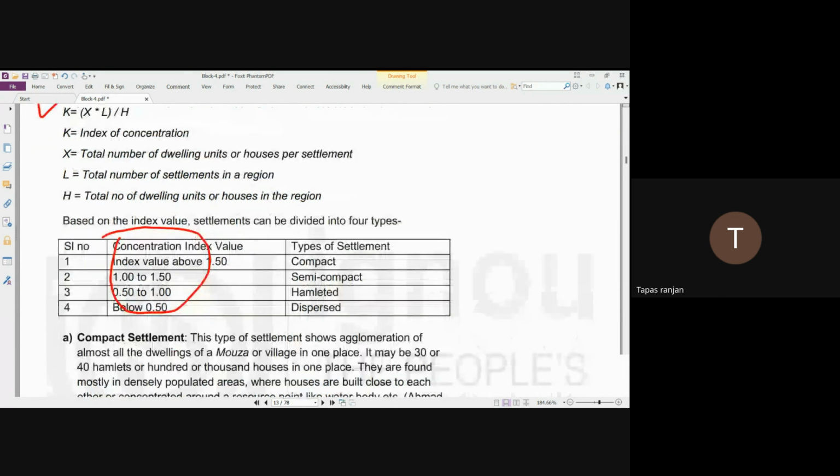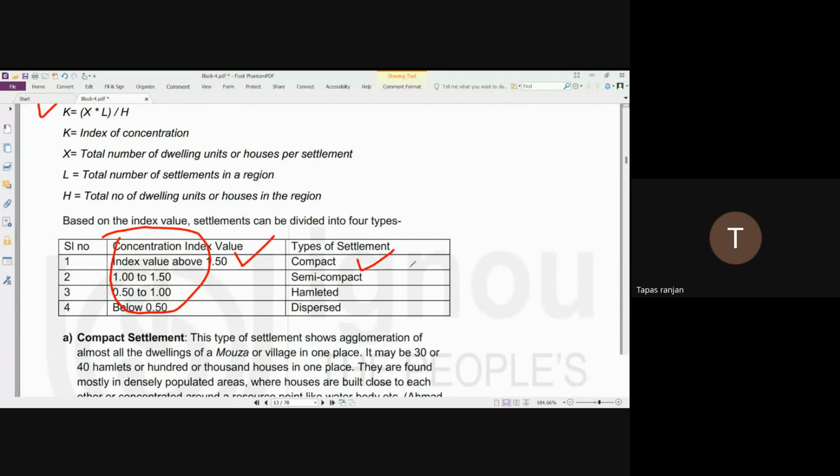If you are doing any empirical studies and the index value is above 1.50, then the type of settlement can be called compact. What does that really mean?